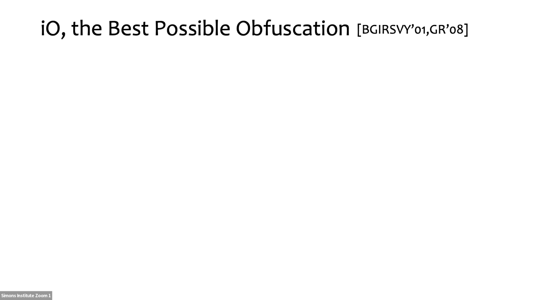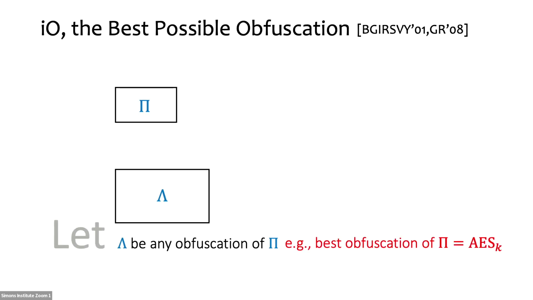Quite interestingly, in a work by Goldwasser and Rothblum, they show this strange power of IO, that IO is best possible, through the following thought experiment. In this experiment, let us imagine that there is some arbitrary obfuscation of a program pi, let's call it lambda. And because lambda is an obfuscation of pi, it might be significantly larger than pi. And we can think about lambda as the best possible obfuscation of AES with random key k.